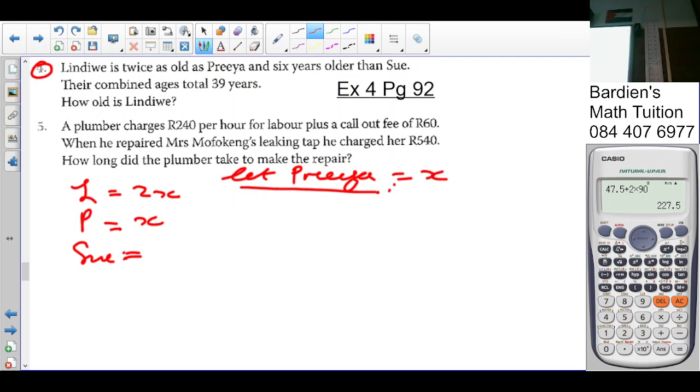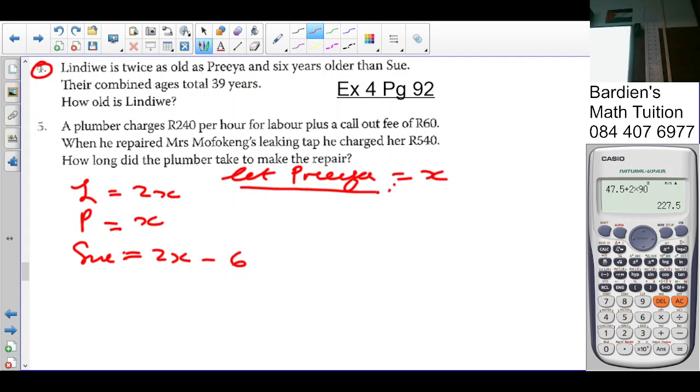Now, remember Ndiwe is 2x. Then Ndiwe is 6 years older than Sue, so Sue will be 2x minus 6. You guys understand?